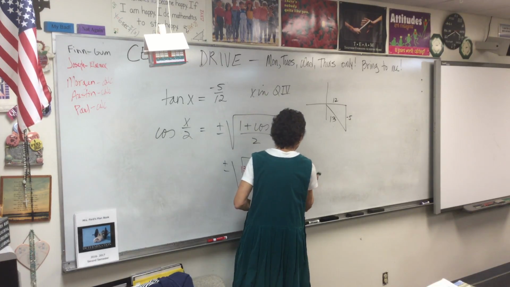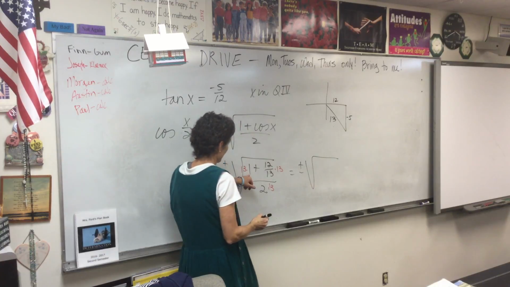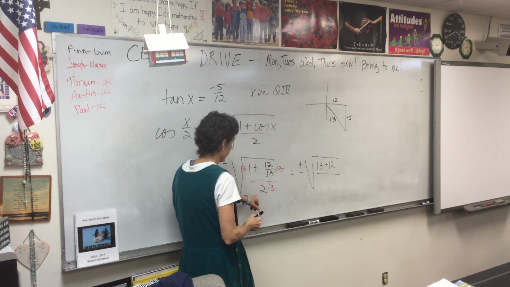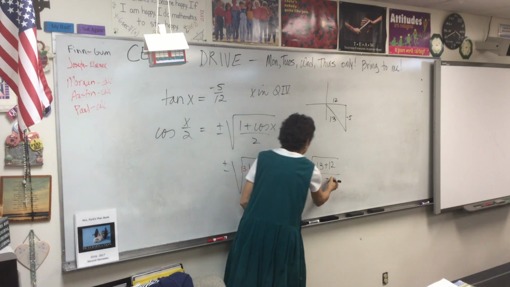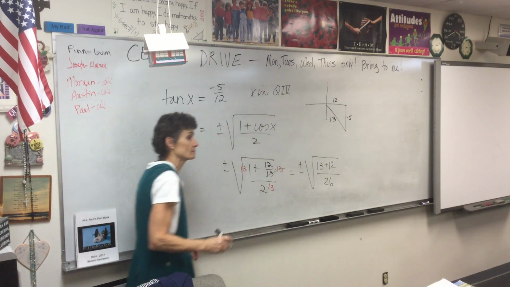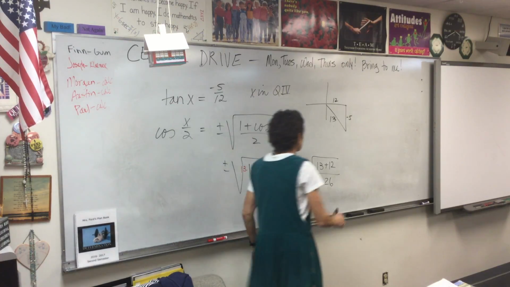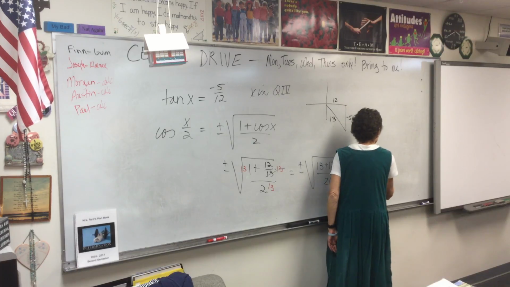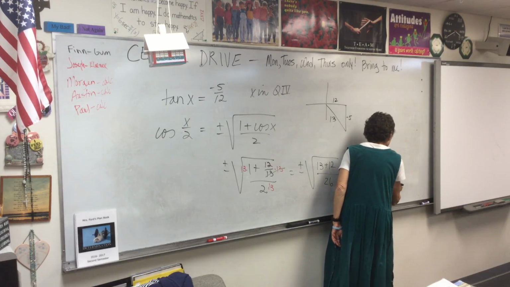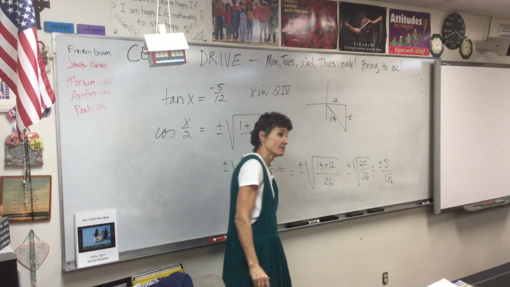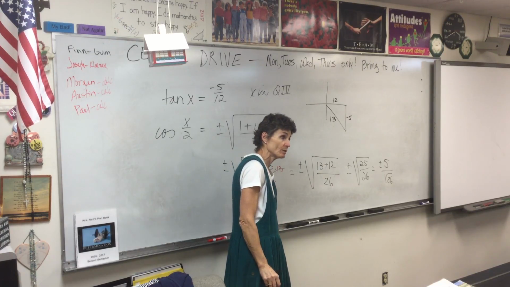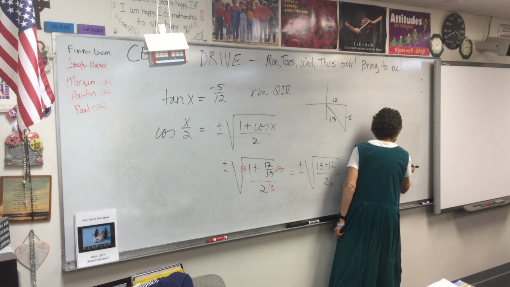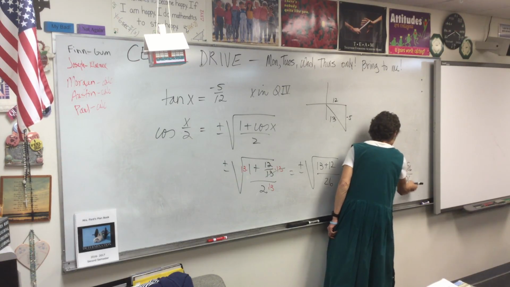So I have plus or minus the square root of 13 plus 12 over 26. 25 over 26. So that's the square root of 25 over 26, which is 5 over root 26. Taking the square root of the top over the square root of the bottom. And then rationalizing, plus or minus 5 root 26 over 26.